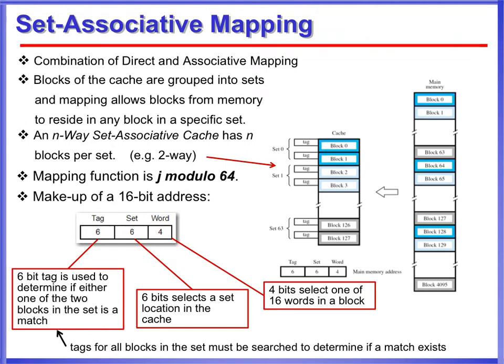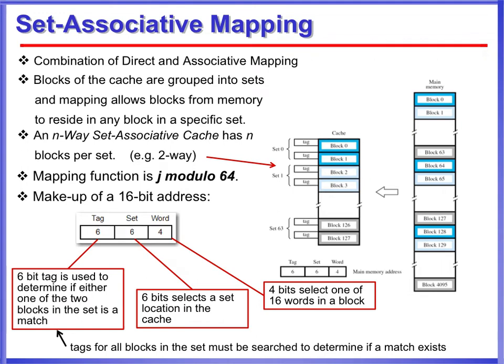Because now we're going to have 64 of these dark blue blocks here that all map to one of these two positions, to either of these two positions, I should say. Okay? So 2 to the 6 is 64. So this tag is going to tell us which of these 64 dark blue ones are perhaps sitting here or sitting here. So again, this tag is compared to the tag of each of these.